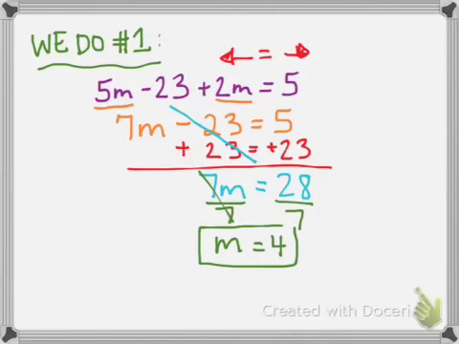So m equals 4. And then to do a quick mental math check, I can plug in 4 for m into the simplified equation, 7m minus 23 equals 5. I know that 7 times 4 gives me 28, minus 23 is 5. So I know m does in fact equal 4.